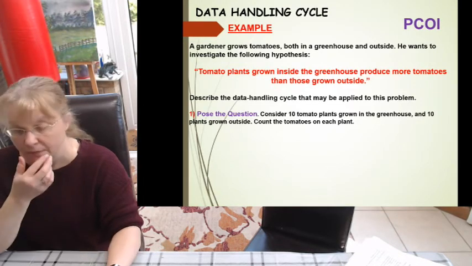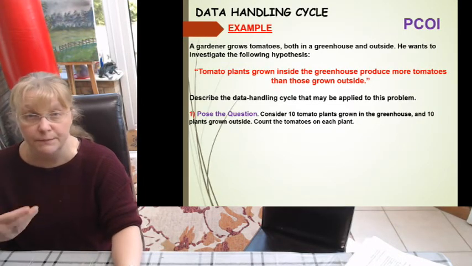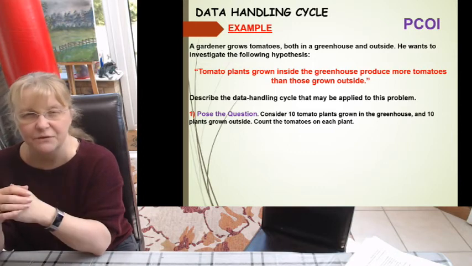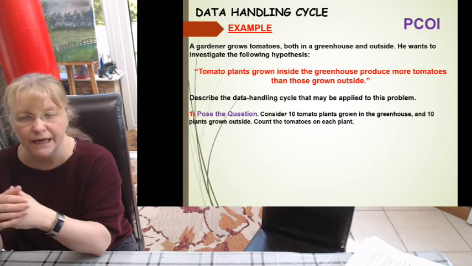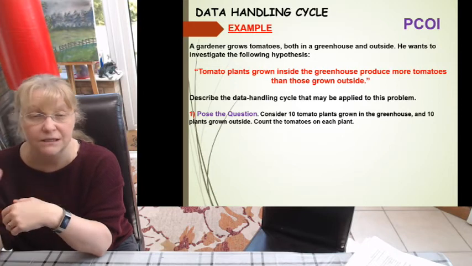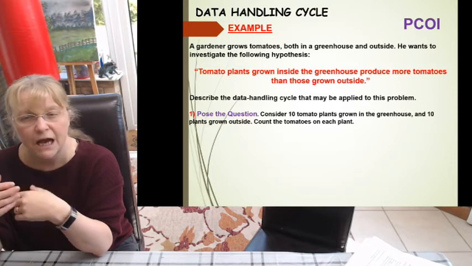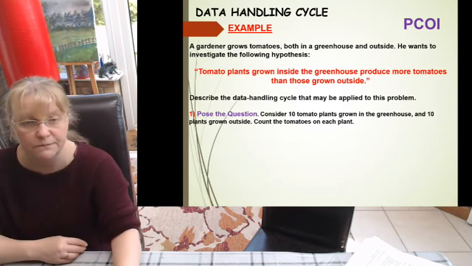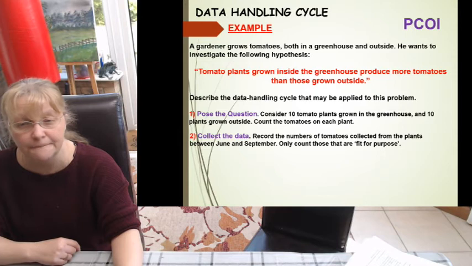Okay, welcome back. So the first thing you do is pose the question. Now my thing is I've slightly changed the question by saying I'm looking at 10 tomato plants grown in the greenhouse and 10 tomato plants grown outside, and I want to see which one produces the most tomatoes. I collect the data.